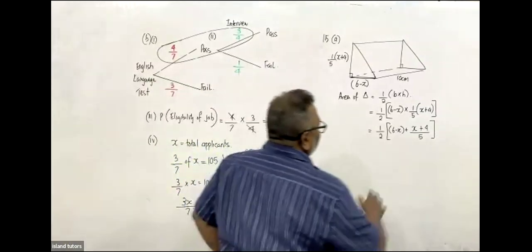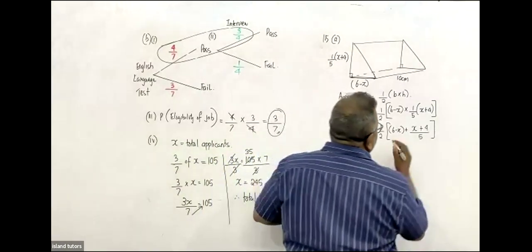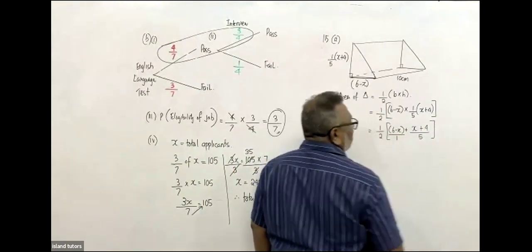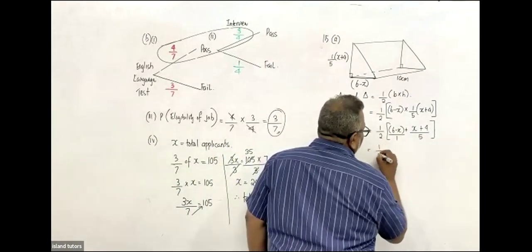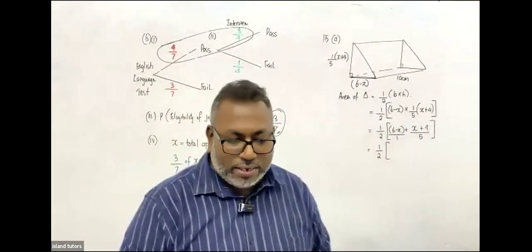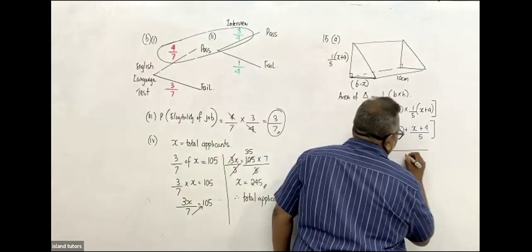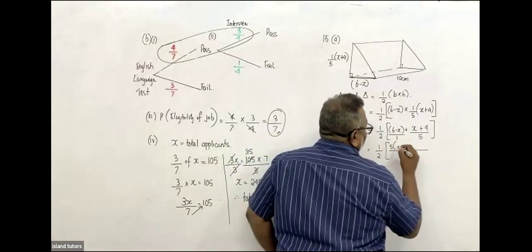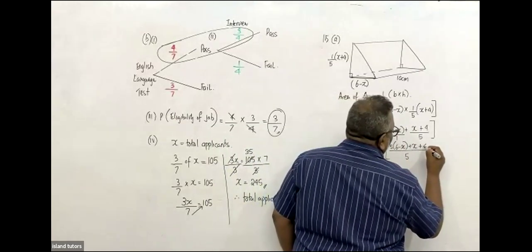Okay, right. So let's simplify this, guys. Right, so you can see this is 6 minus x over 1 plus x plus 4 over 5. Right, so you're going to simplify, take 1 and 5, common denominator is going to be what? 1 and 5, common denominator is going to be 5. This side of your fraction, you're going to multiply by 5. So this is 6 minus x plus 4.